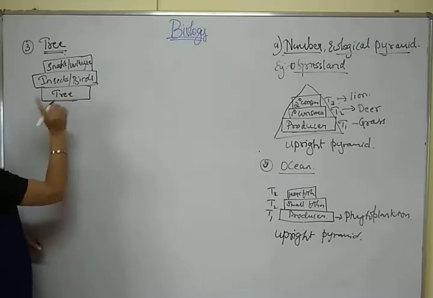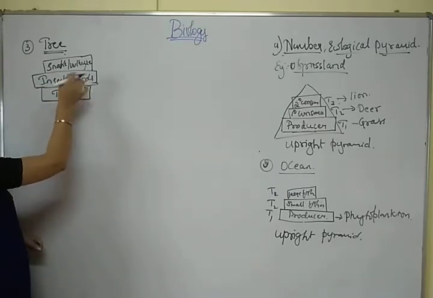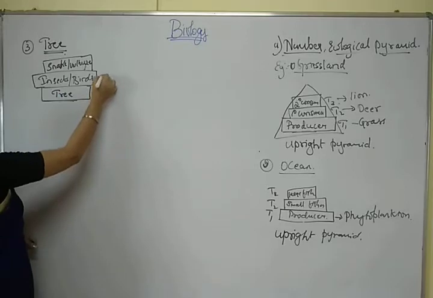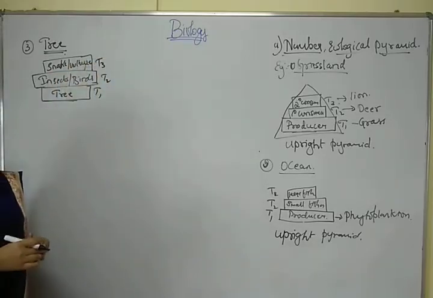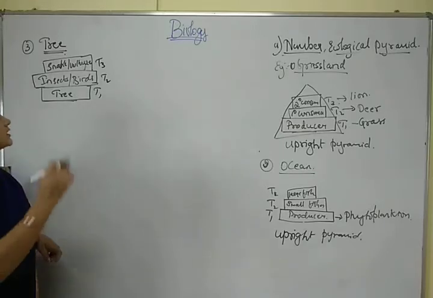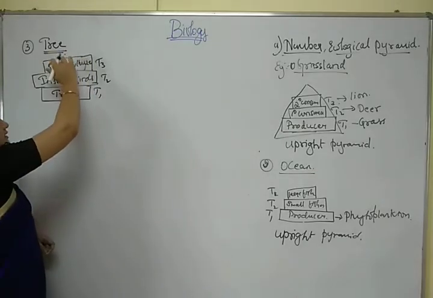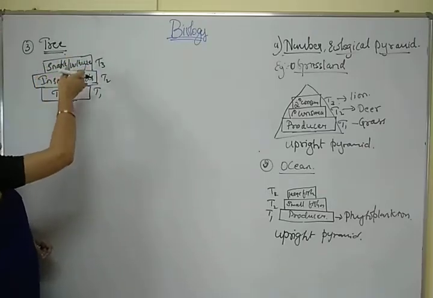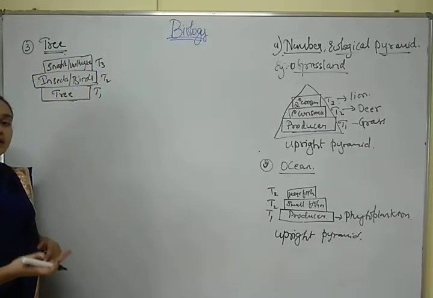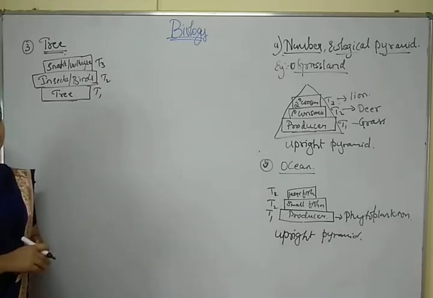So here the number is 1, but at the next trophic level the number of insects or birds increases. Then the snakes and vultures, which feed on these insects and birds, have their number decrease again.